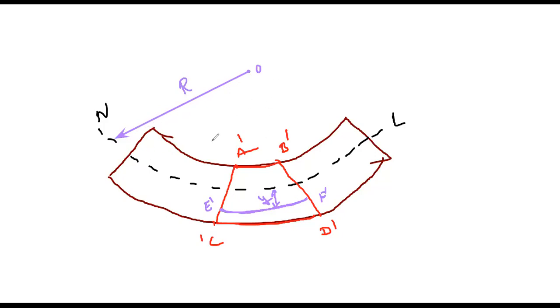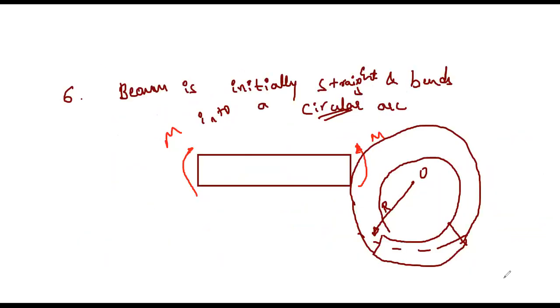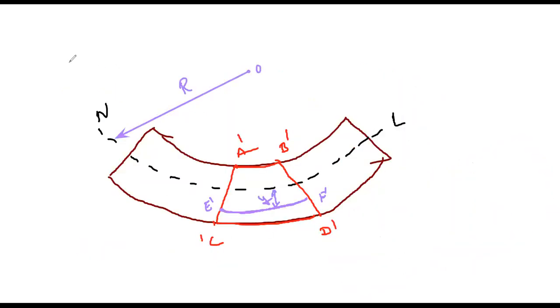This beam looks like an arc, as we have seen in the sixth assumption: beams bend into a circular arc. Clear? So the inner layer is subjected to compression and the outer layer is subjected to tension.